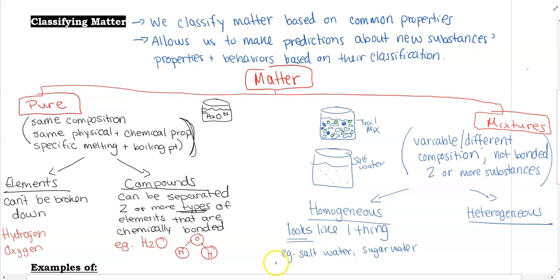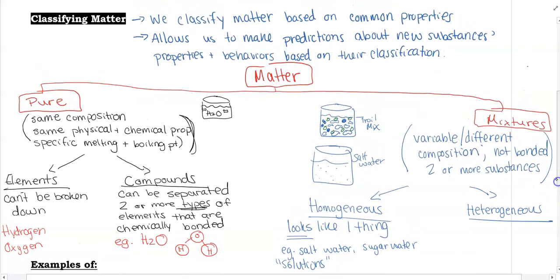Okay, these are also known as solutions. And another thing that's important about these homogeneous mixtures is that they cannot separate over time. Okay, and what does that mean? I'll tell you in just a second.